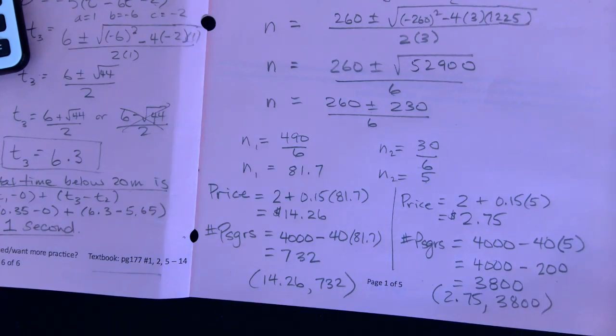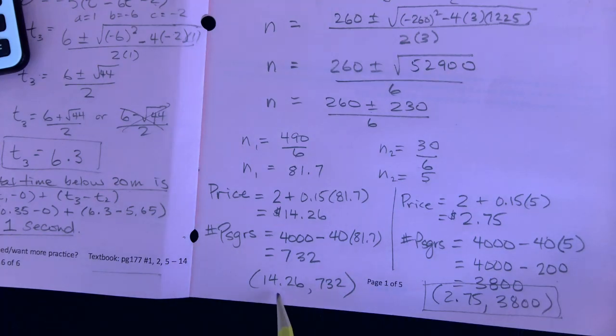This parabola would represent revenue generated of $10,450. But in practical terms, if you read the question and you apply common sense and what your life experience tells you, nobody's paying $14.26 to get on a bus. So $2.75 would make more sense.